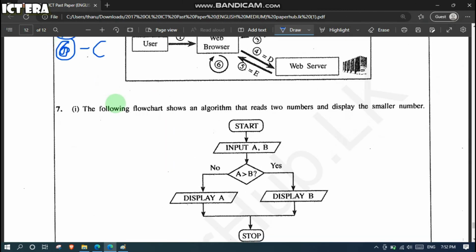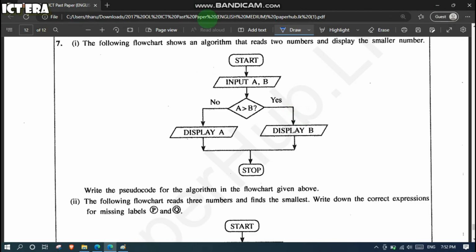Right. The following flowchart shows an algorithm that reads two numbers and displays the smaller number. Write the pseudo code for the algorithm in the flowchart. So first of all, we should begin, and then I have to input. I can write input, or else I can write get.